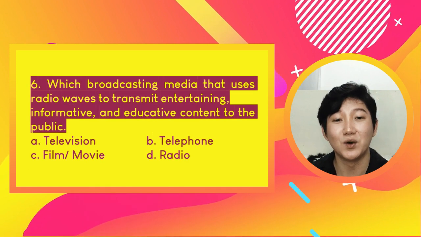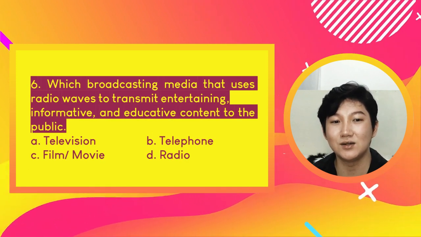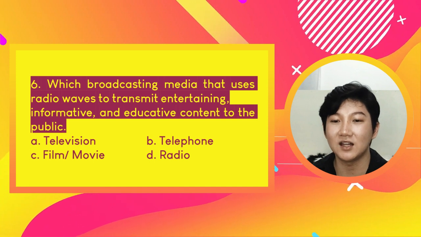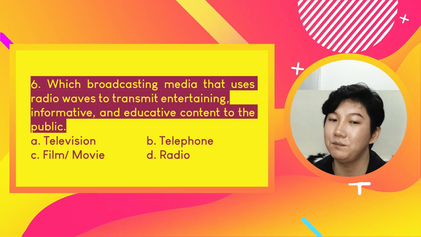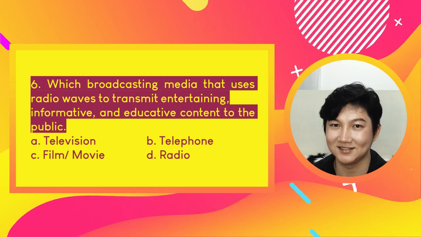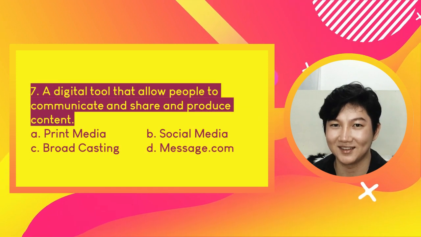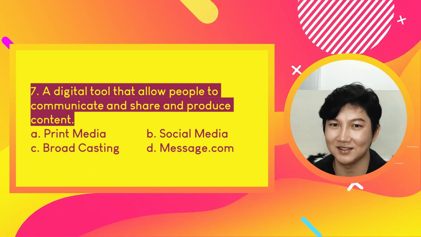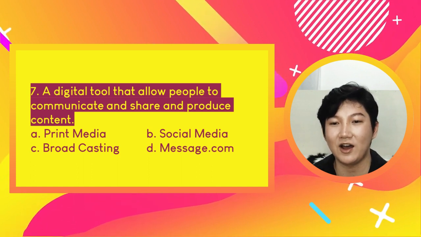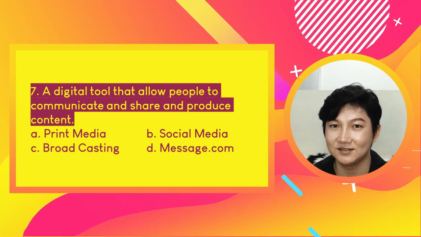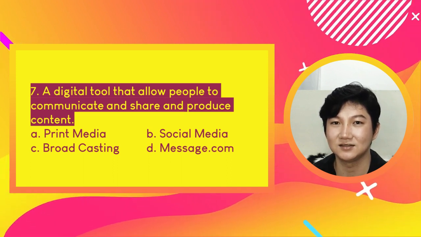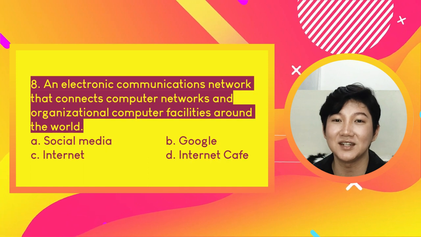Next, number 6. Which broadcasting media uses radio waves to transmit entertaining, informative, and educative content to the public? Number 7. A digital tool that allows people to communicate and share and produce content. Number 8.